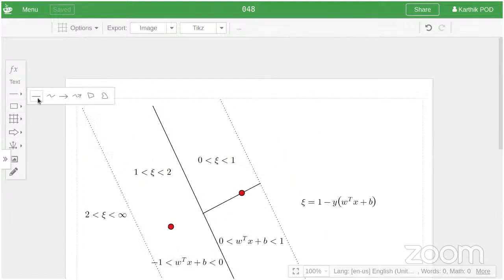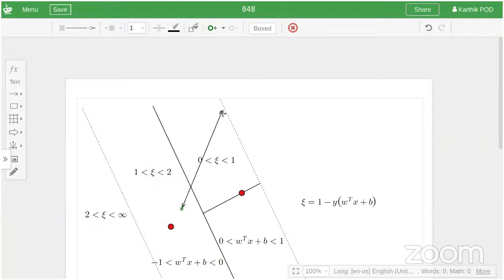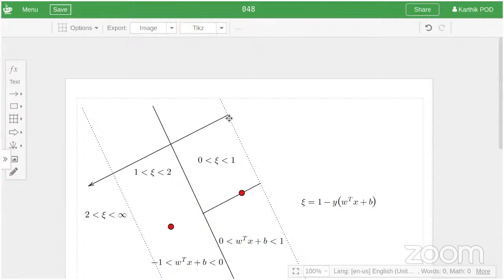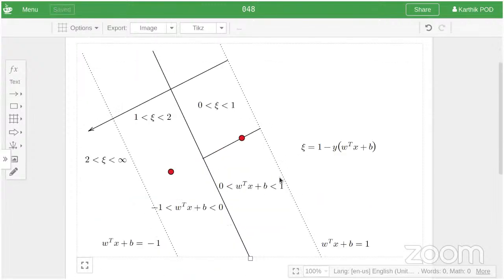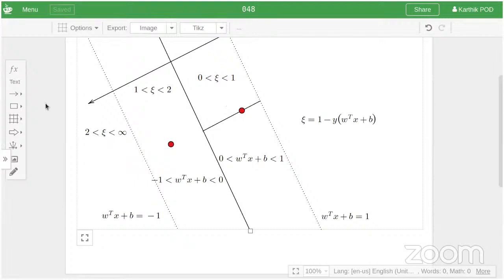So yeah, that is correct. So we have to understand this as for the red points, this is the increasing direction of epsilon I. Epsilon I starts at 0 at this point, becomes 1 at the decision boundary, becomes 2 at the other bounding plane, and then it goes to infinity beyond. Okay, for the blue points, it will be just the reverse.